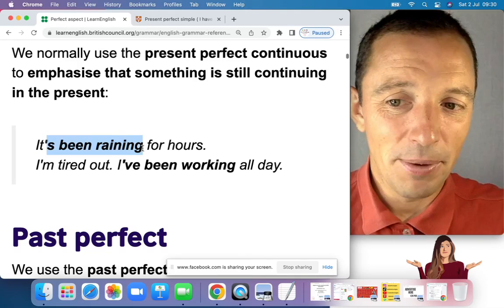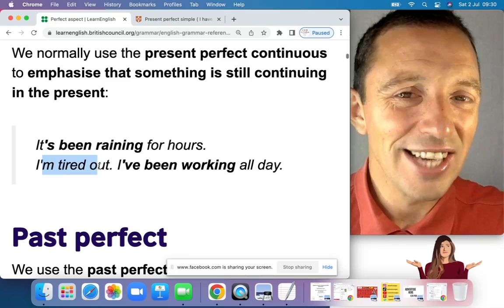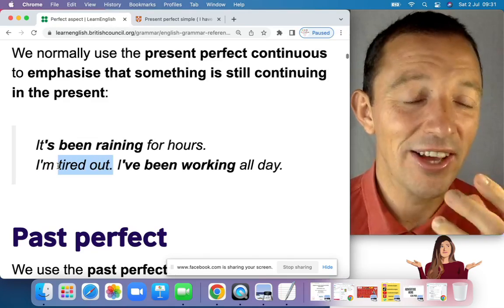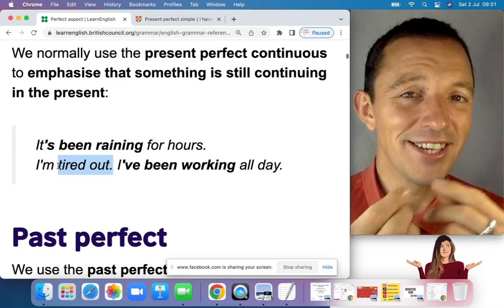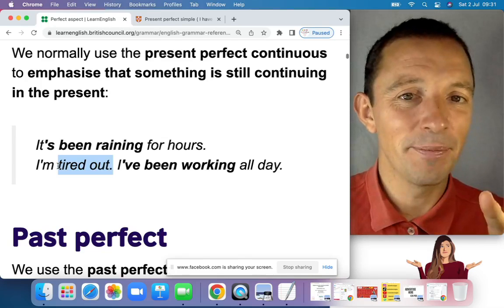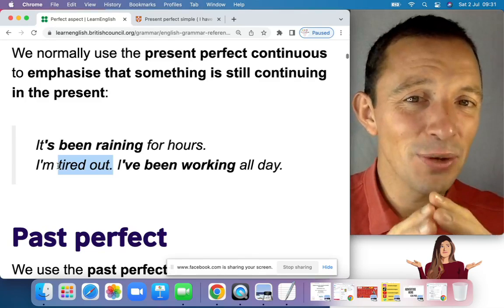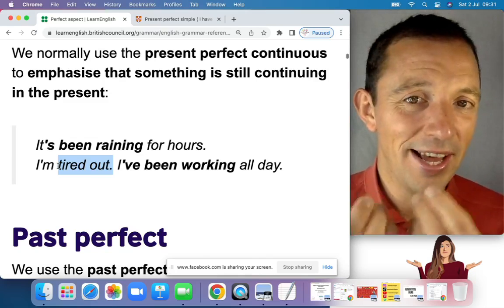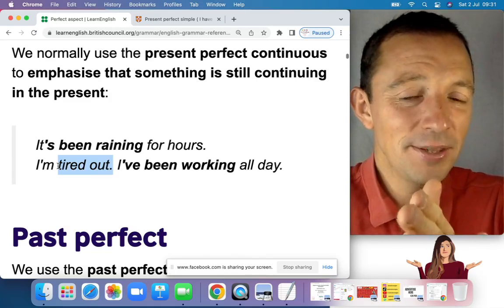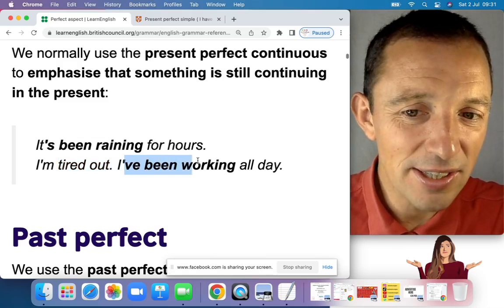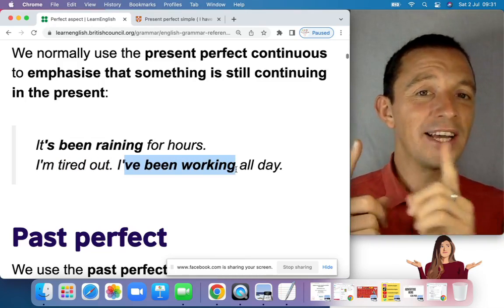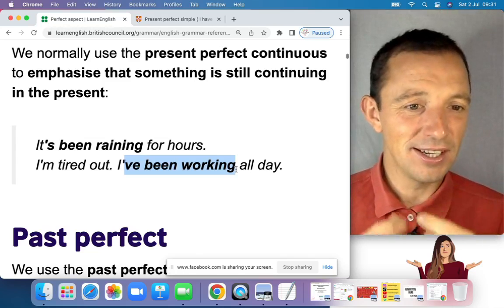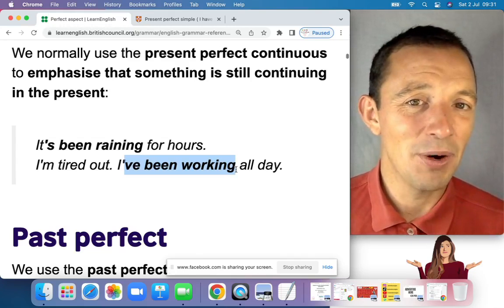Next example, I am tired out. Yesterday we saw this expression as well. It's like a phrasal verb, tired out. It means completely tired, absolutely tired, if you are tired out. So I am tired out at the moment in the present because I have been working all day, starting in the past and continuing, with emphasis that you continue to work at the moment.